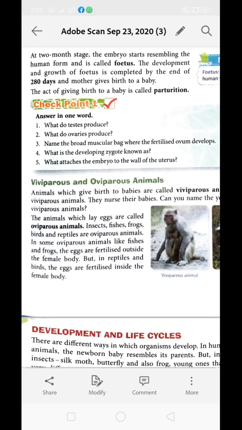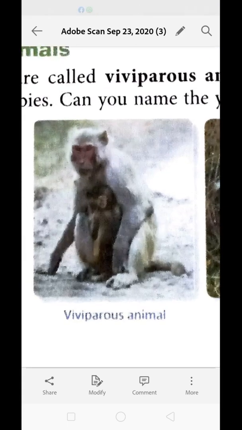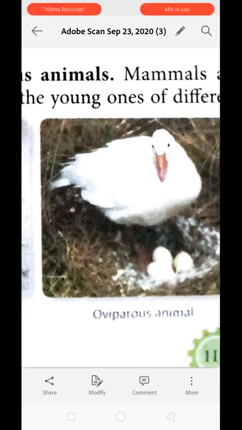Whereas the animals which give birth to young ones are called viviparous, for example humans. Clear? You can see in this picture that a monkey is carrying its baby. Because they are viviparous animals, they give birth to babies. Whereas birds are oviparous because they lay eggs.